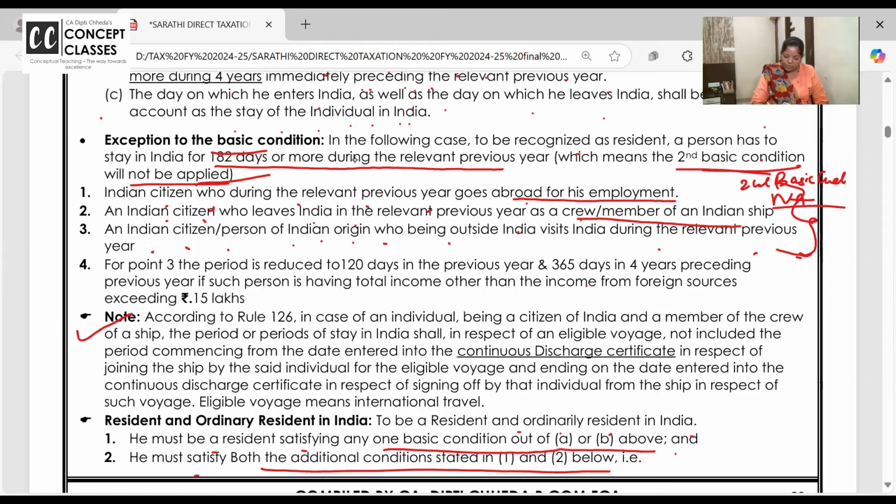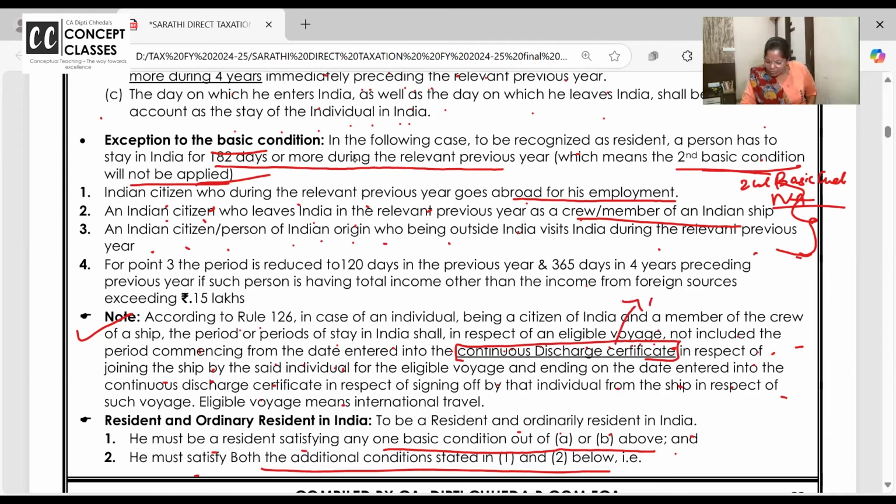I want all of you to read this. According to Rule 126, an Indian citizen being a member of the crew of a ship, the period of stay in respect of an eligible voyage shall not include the period commencing from the date entered in the continuous discharge certificate in respect of joining the ship, and ending on the date entered in the continuous discharge certificate. So the day you enter India and the day you leave India is written in this document.